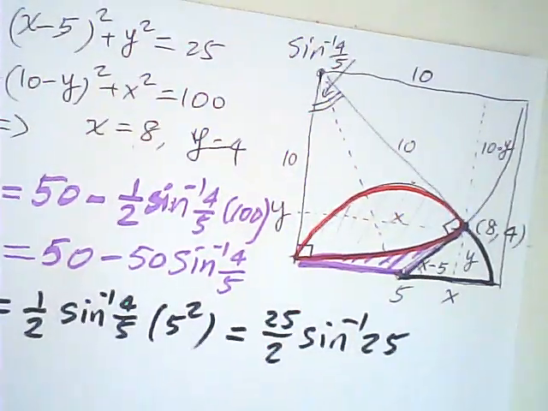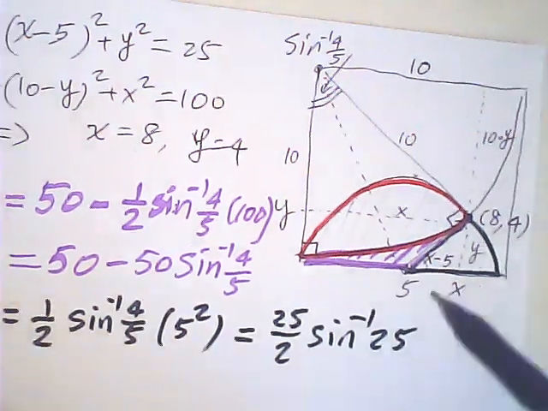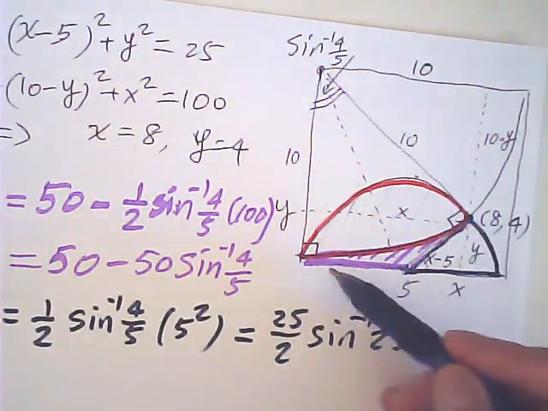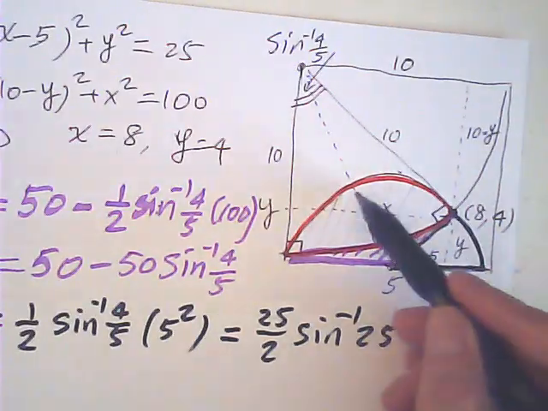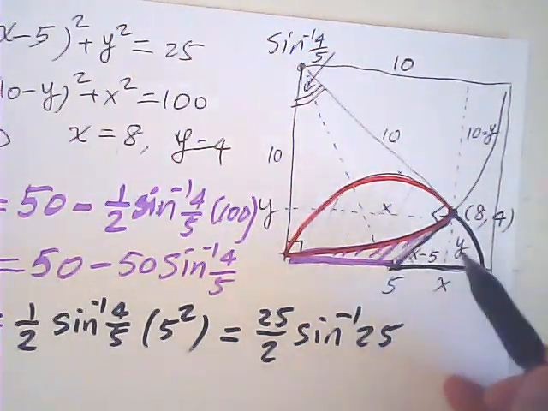Good. Now, the area we are looking for is the area of the semicircle minus these two.